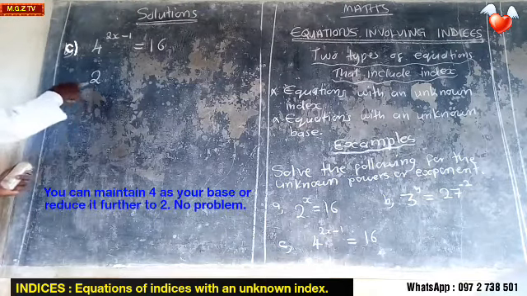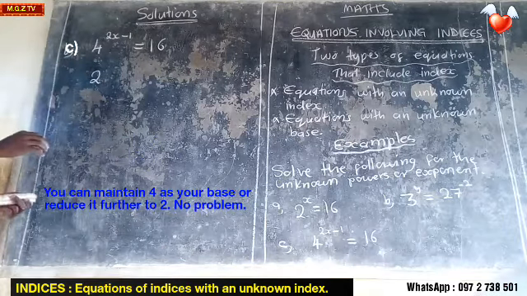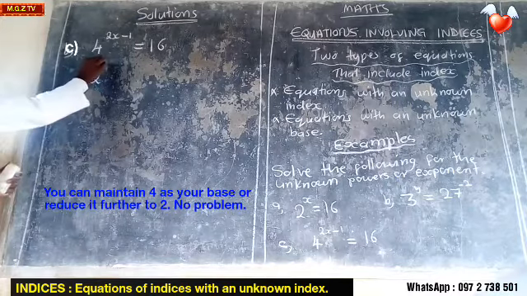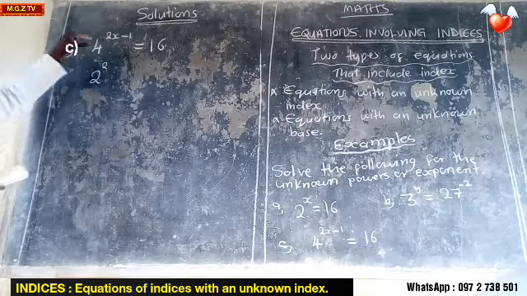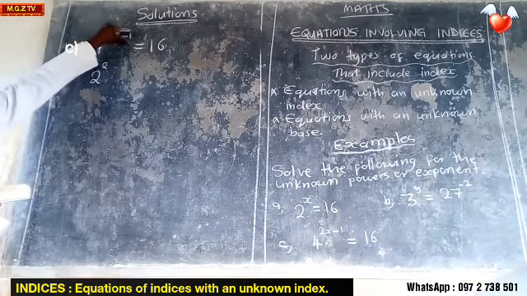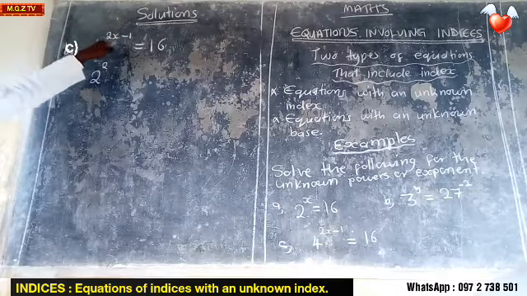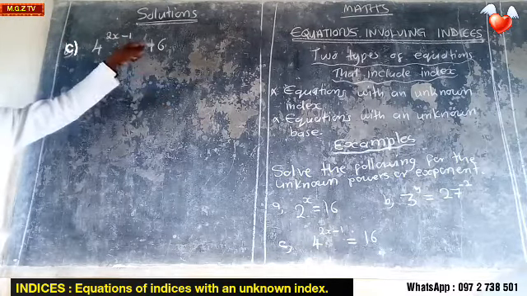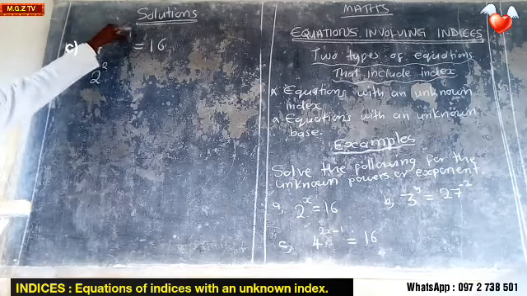Then you can multiply this 2 two times to get 4. So that 2 times will now be raised here. What we have there is a power, but this power is in the form of an expression. An expression is more like an equation, but there is no equal sign. So the power is an expression.